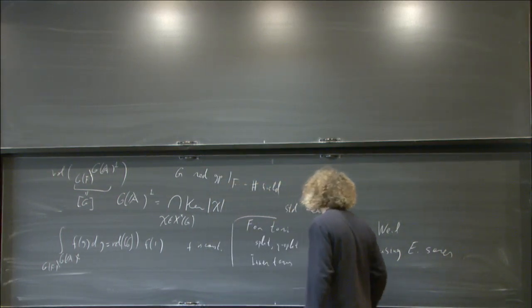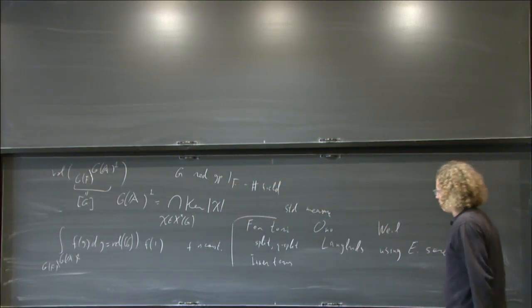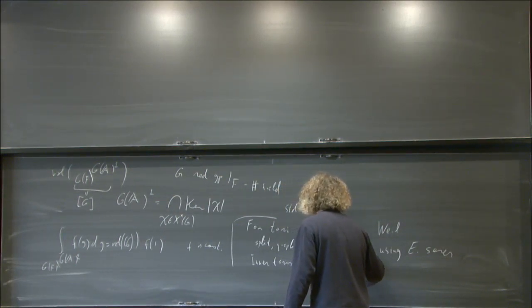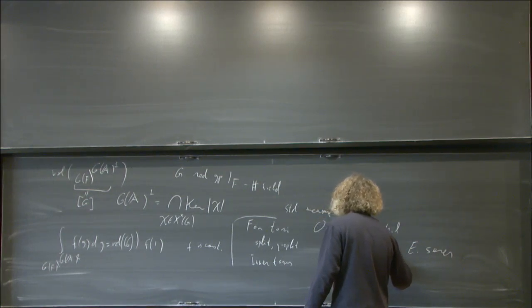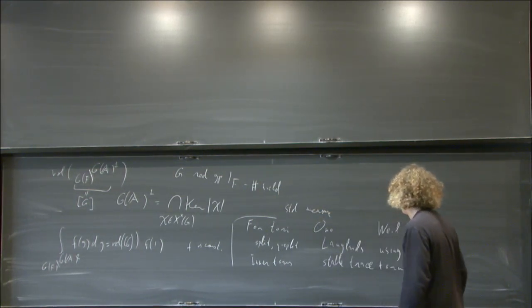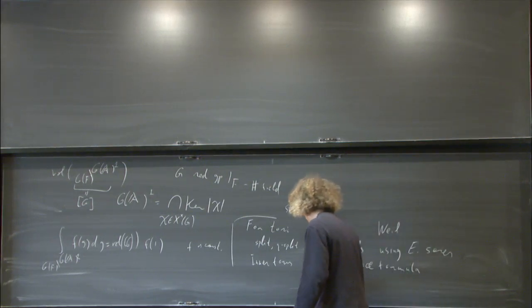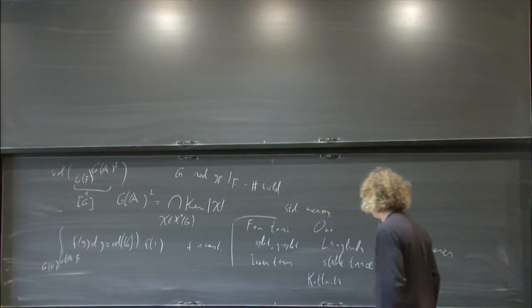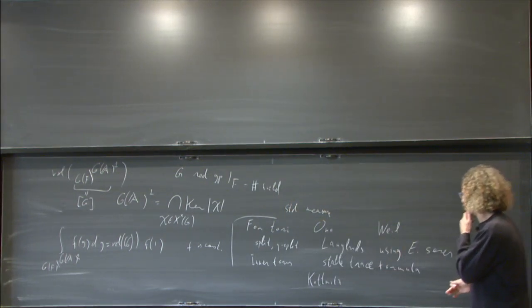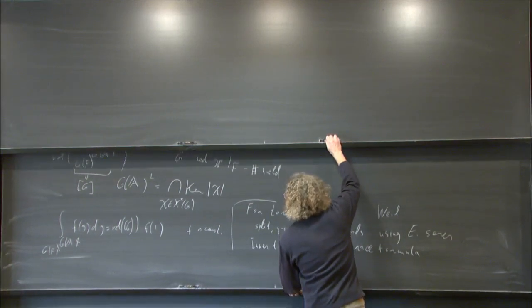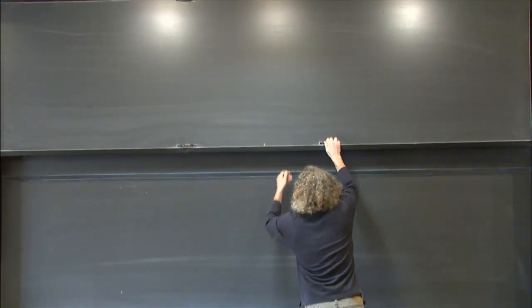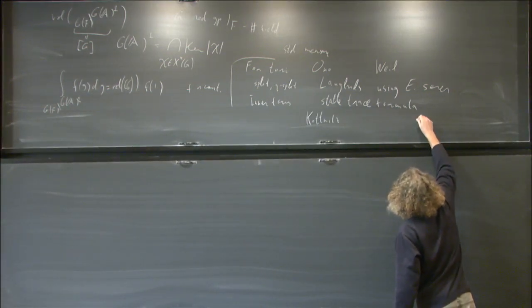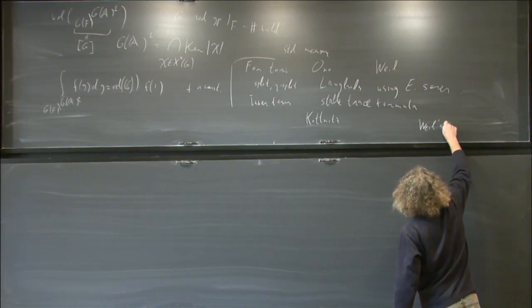So also he had an approach to do it in general using the stable trace formula. And this was accomplished by Kottwitz in the 80s. Anyways, I didn't even tell you what is the precise statement, but this of course solves the Weil conjecture.